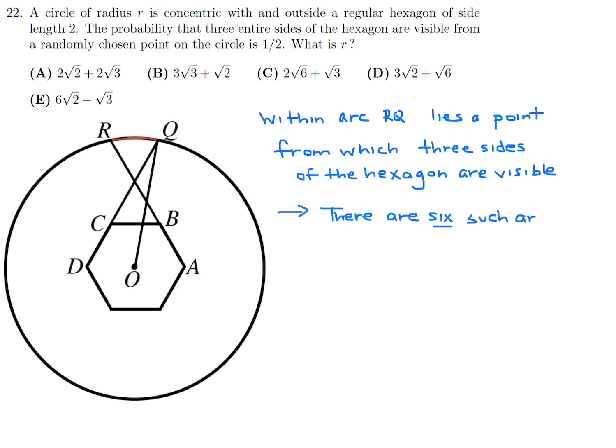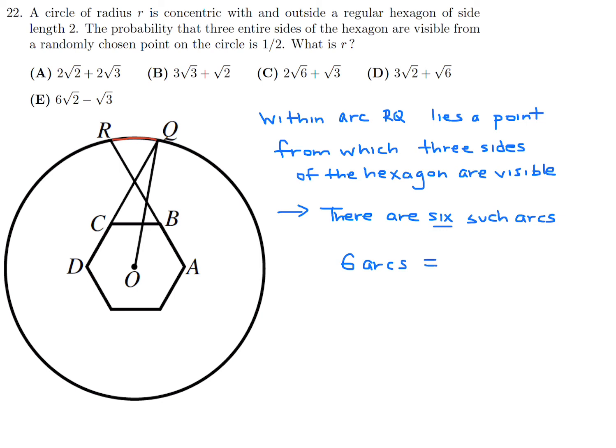Now they're telling you that the probability of you being able to see 3 entire sides is a half. Okay? So how do you interpret that? What that basically means is that those 6 arcs make up half the circle.